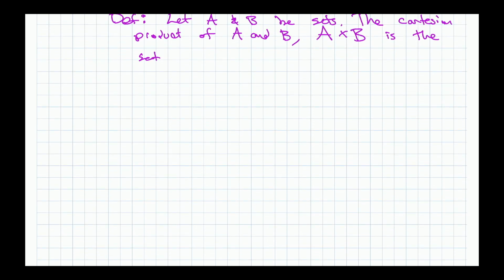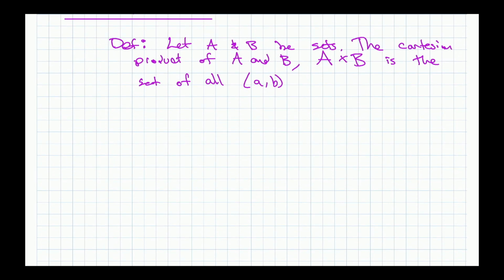It's the set of all ordered pairs (a, b), where a is from A and b is from B. And you can write that in symbols this way.